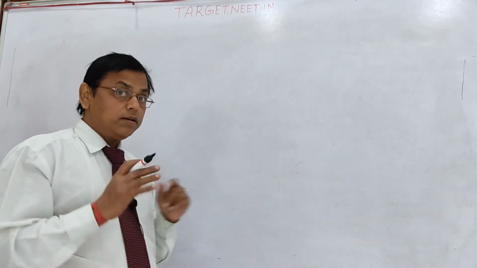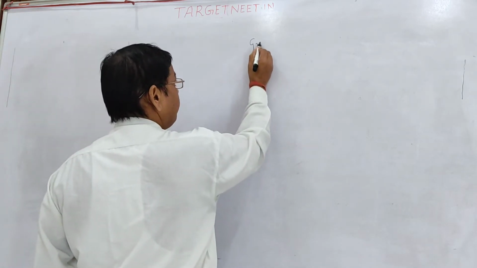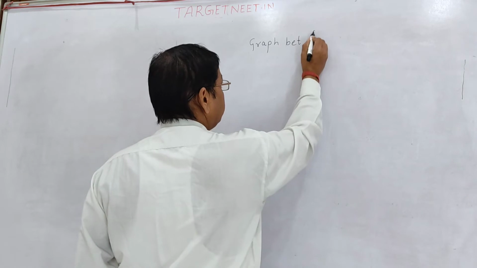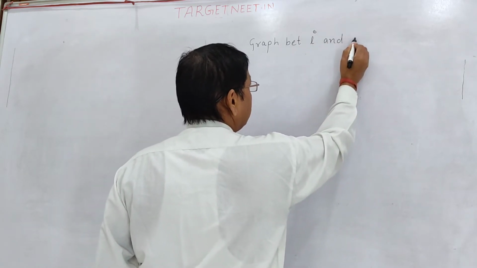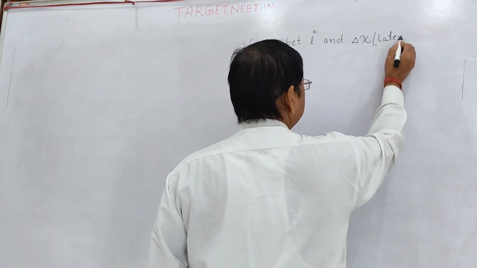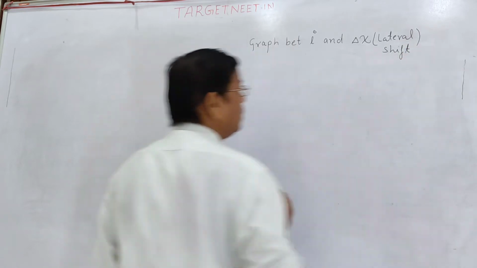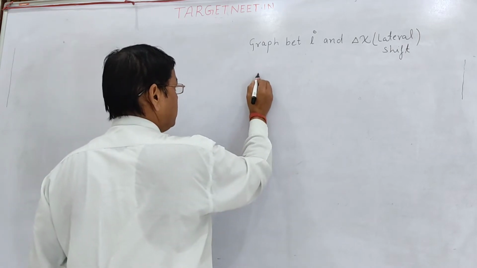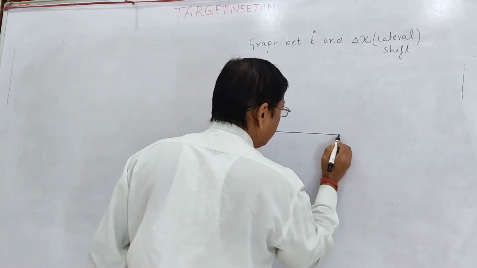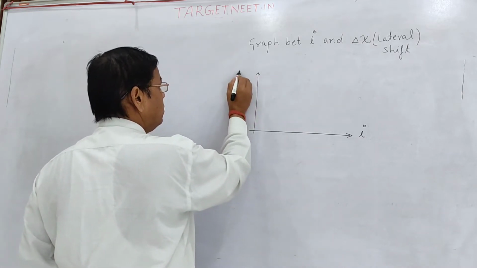So if you draw a graph between angle of incidence and lateral shift, how does it look? Suppose this is the angle of incidence and this is the lateral shift.